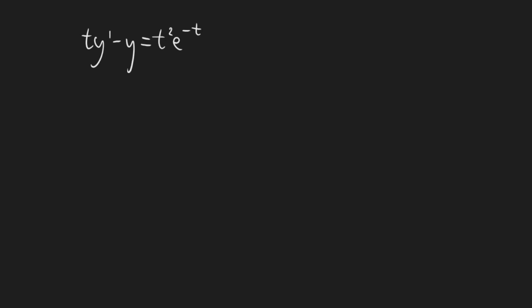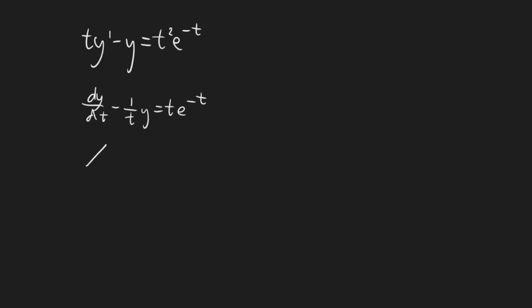First things first, divide by what's in front of the derivative, and I'm going to rewrite the derivative with respect to the variables in the question as well, using Leibniz notation. And so this turns into dy/dt minus 1 over t times y equals t e to the negative t.